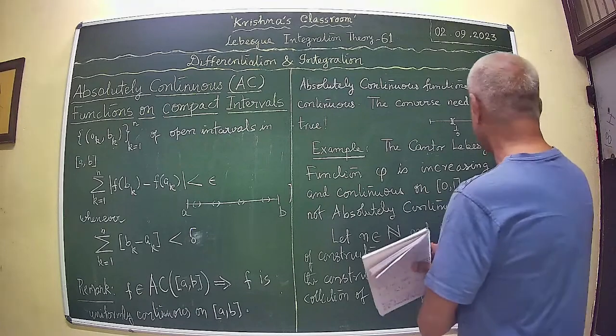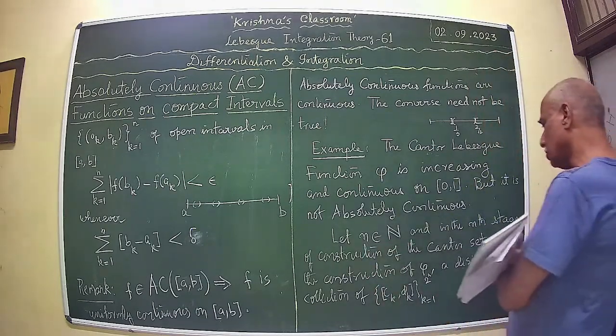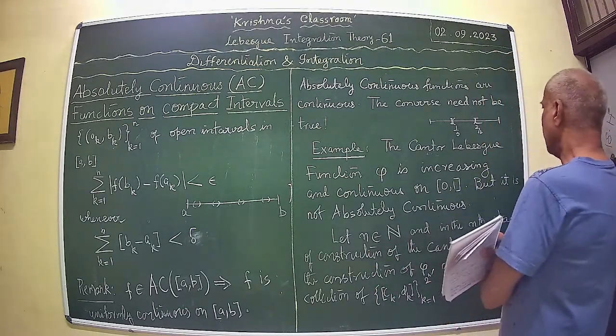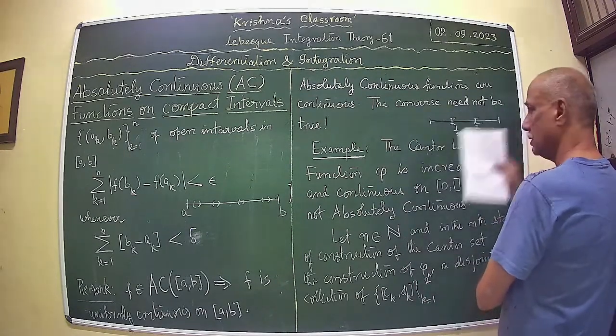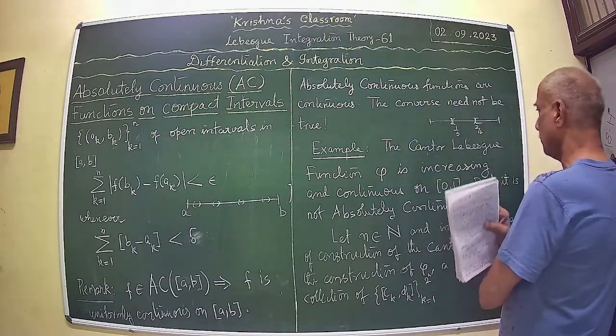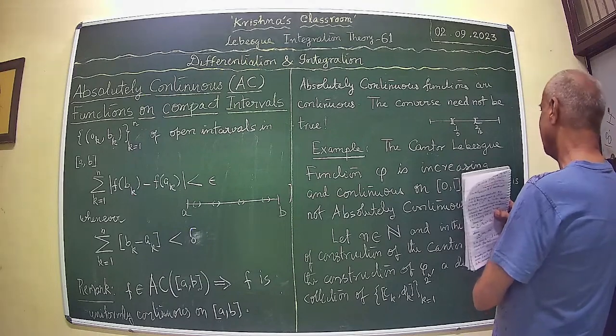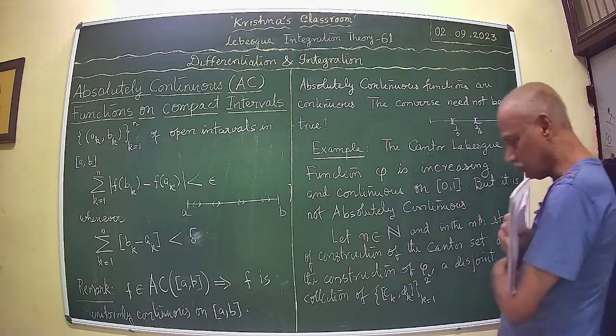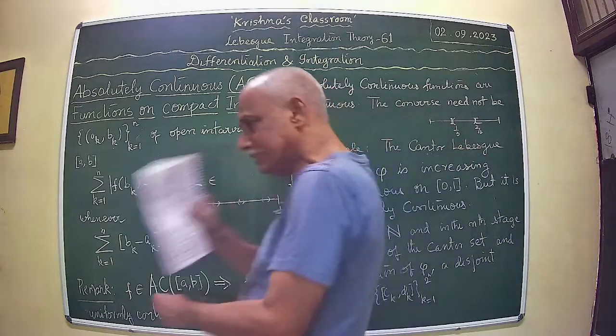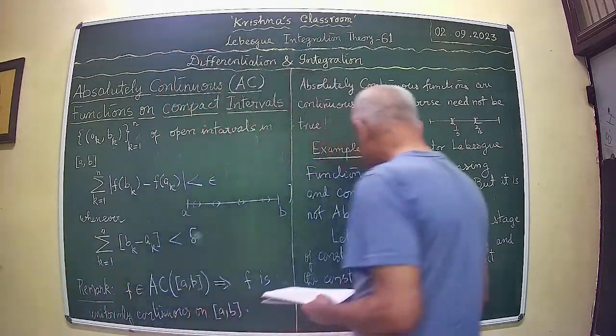For n equal to 2, you are left with four such sets, that is 2 to the power n. For n equal to 3, you are left with 8 such intervals and so on.